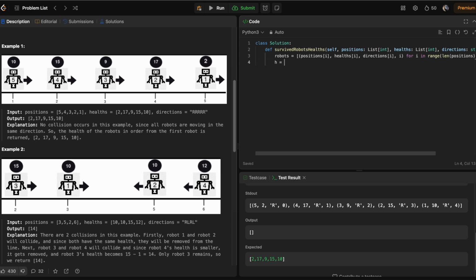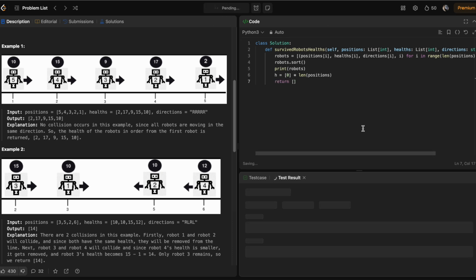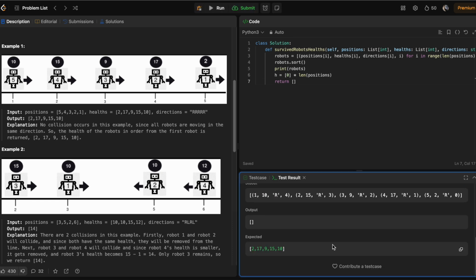Yeah, I'm just gonna name it H or something. We do H is equal to 0 times length of positions. Alright. You can also do robot.sort here. Now, let me print this out one more time, make sure it's working correctly. Yeah, 1, 2, 3, 4, 5. Okay.